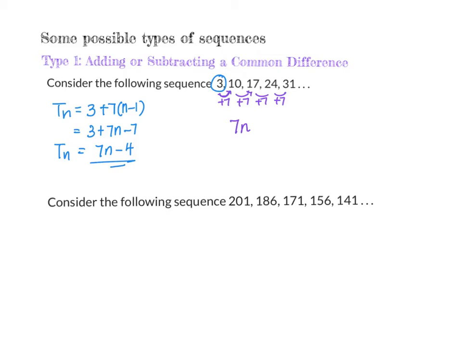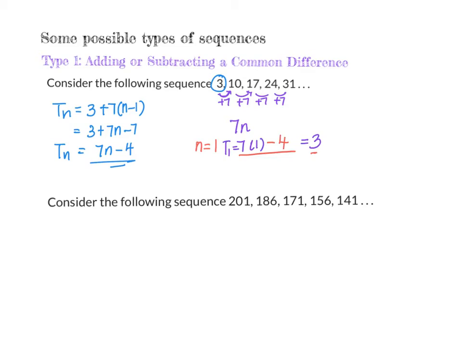Now when n equals 1, 7n means it will be 7 times 1. But our first term is the number 3. Term 1 is number 3. What do I need to do to 7 times 1, which is 7, in order to give me the number 3? Well, 7 minus 4 will give me the number 3, isn't it?